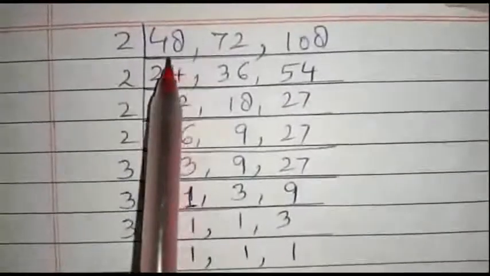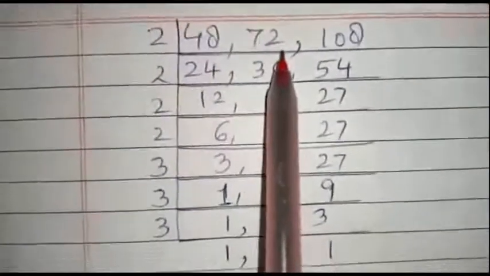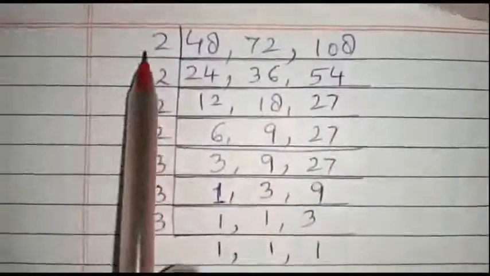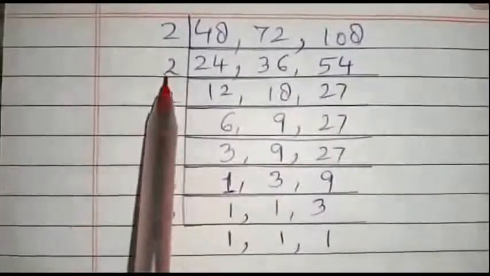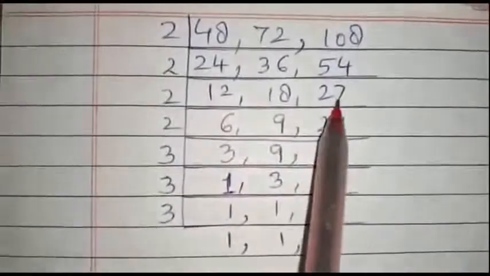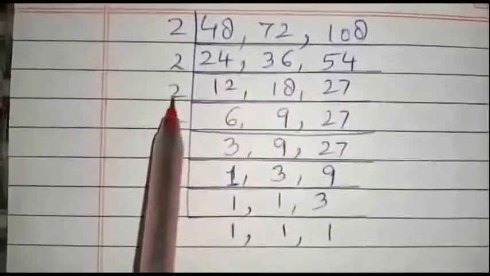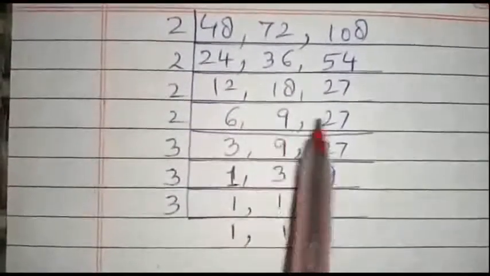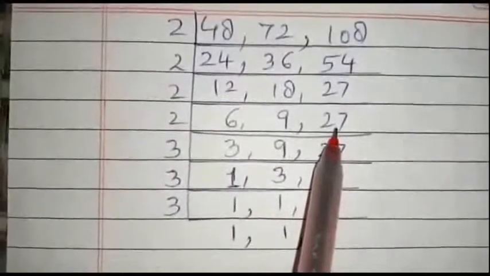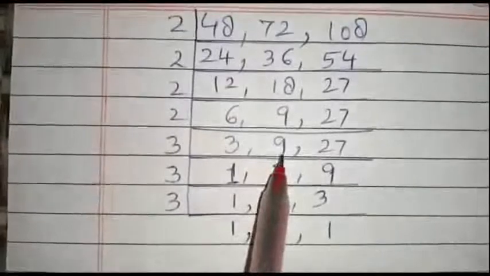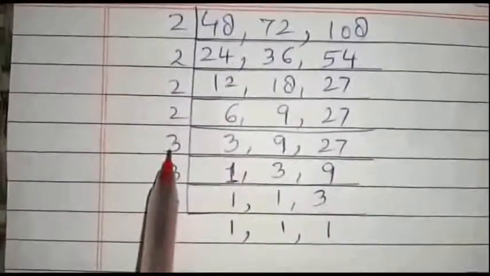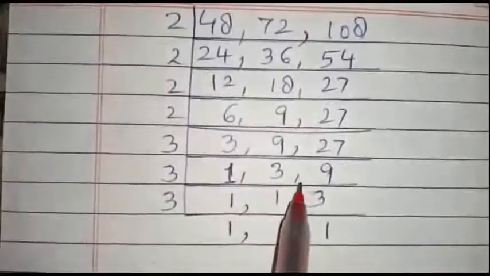Now we'll find the LCM of 48, 72, 108. Divided by 2, we will get 24, 36, 54. Divided by 2, we will get 12, 18, 27. Divided by 2, we will get 6, 9, and the same 27, because 27 is not divisible by 2. Now we write 2: 3, 9, 27. Write 3: 1, 3, 9.